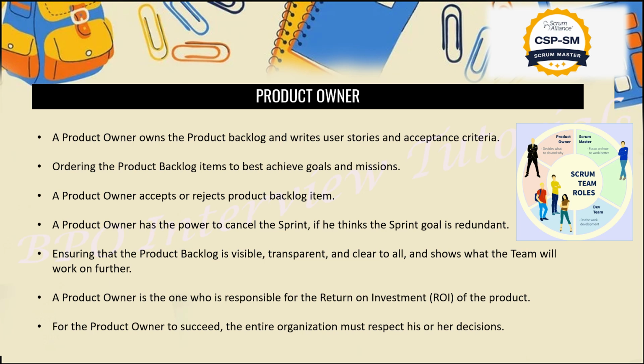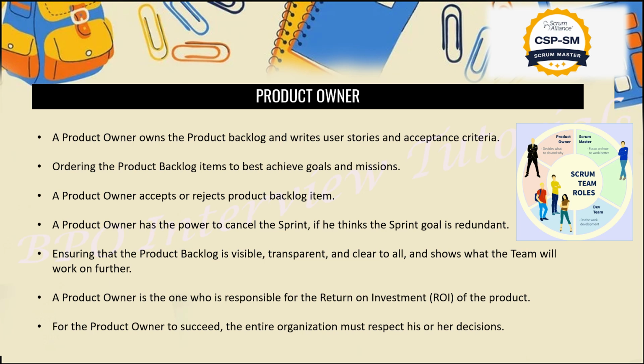Ensuring that the product backlog is visible, transparent and clear to all, and shows what the team will work on in the future. The clear understanding and transparency will be given by the product owner, and they will be in the meeting. A meeting will be arranged by the Scrum team. They will have Scrum meetings. Everything is done by a specific holder.